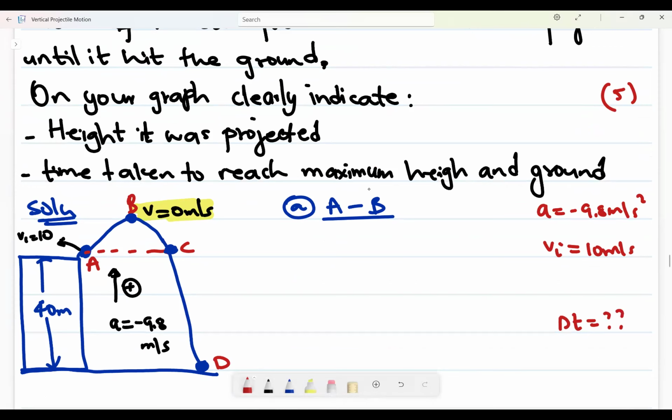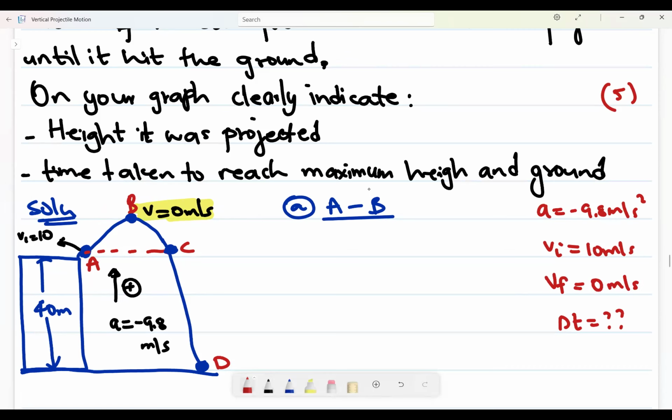This will be unknown. Remember, I said you need 3, then the fourth one you'll find. Then now you have what? This is the most important information, that at maximum height, you have the velocity as 0. So you're going to say, okay, velocity final, we are referring with regards to B, is going to be how much? 0 meters per second.